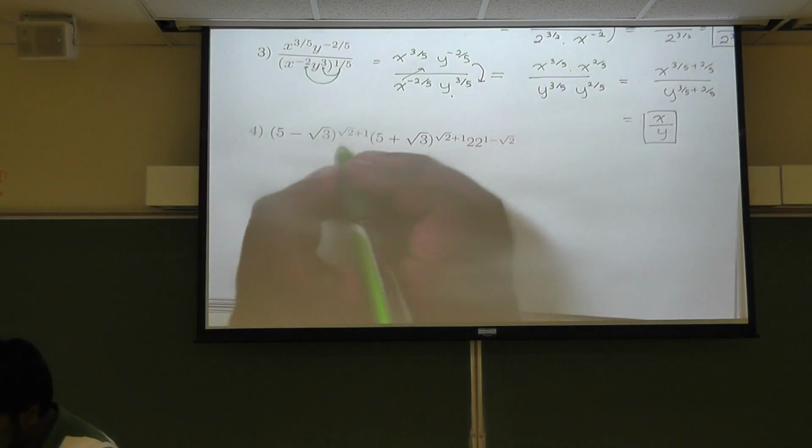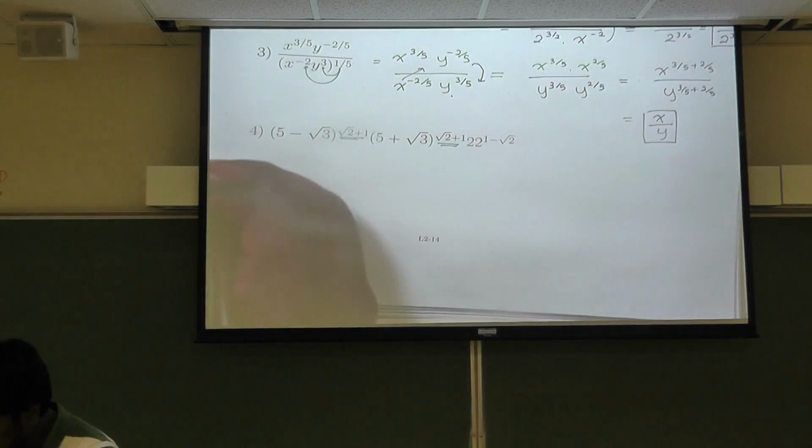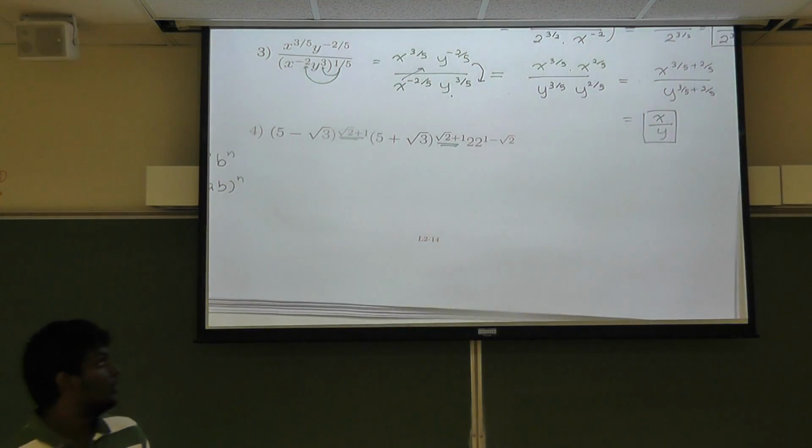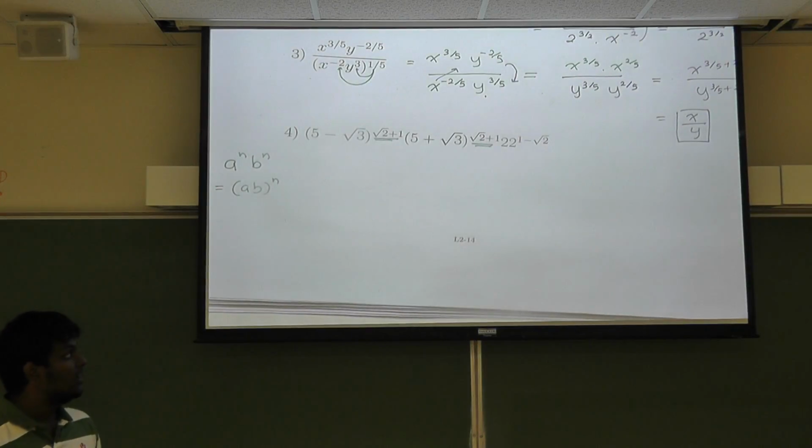Okay, first of all, you can see that these exponents are the same. So here what I'm using is a to the power n, b to the power n is the same as ab to the power n. That is one of the rules that we learn in class. So if the exponent is the same, you can multiply the base.